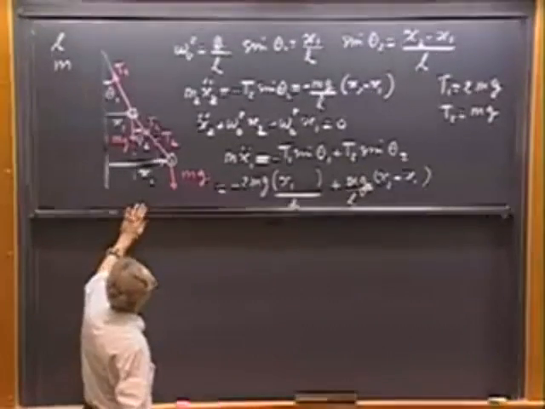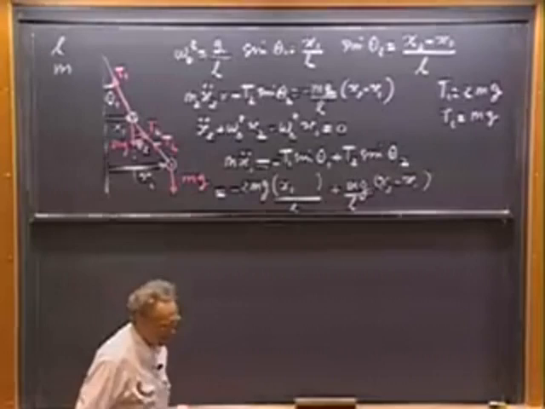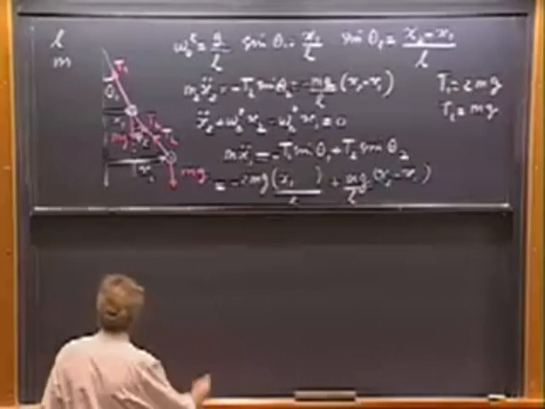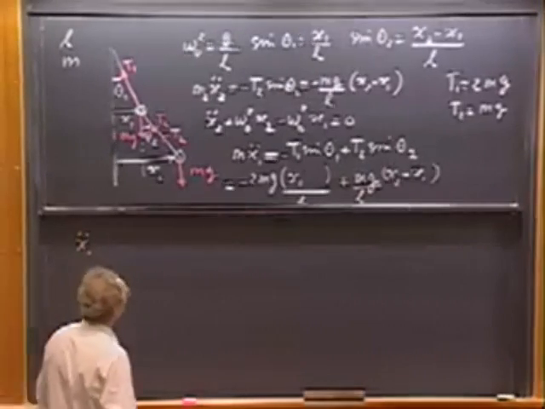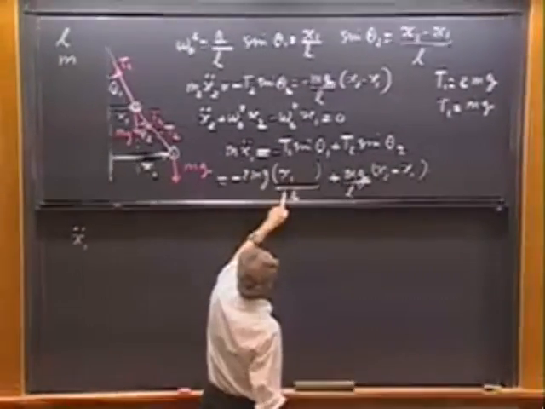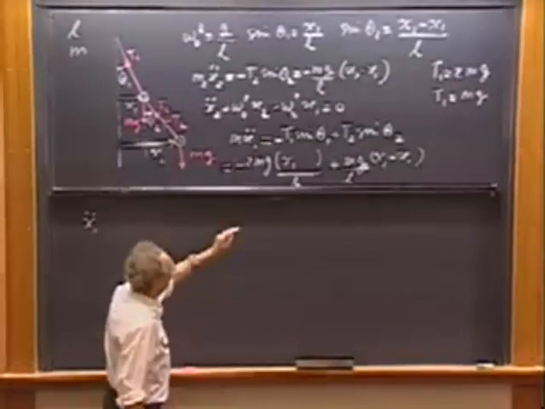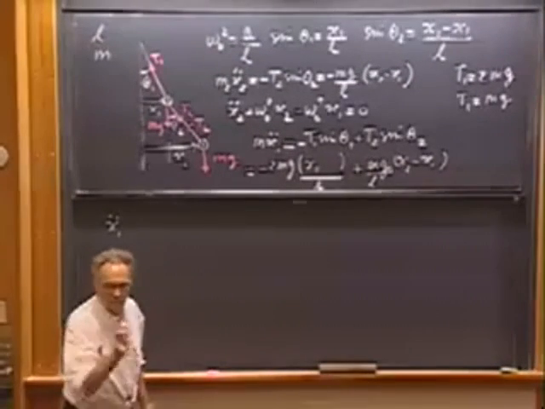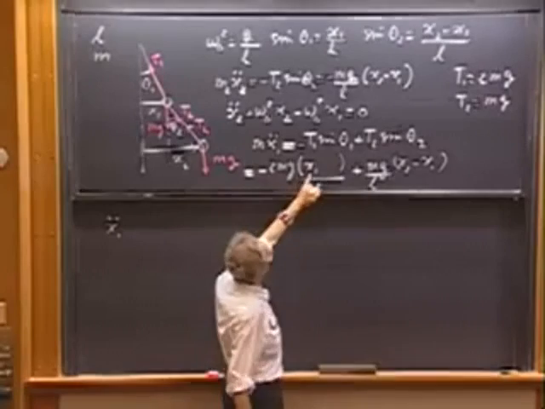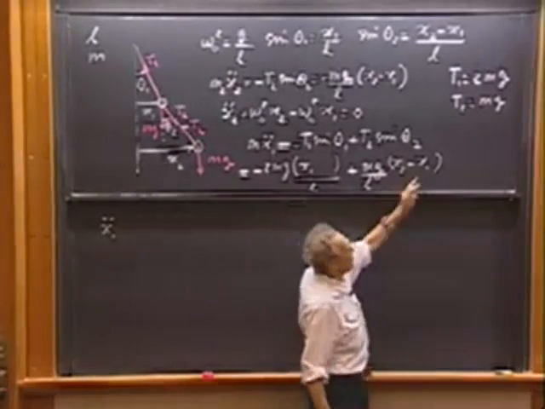And I'm going to divide by m, and I'm going to use my shorthand notation. And when I do that, I will come out here, x1 double dot. It's this one. Here the m goes. g over L becomes omega 0 squared. But now look closely. There is here a 2 times x1, and here there is a 1 times x1.